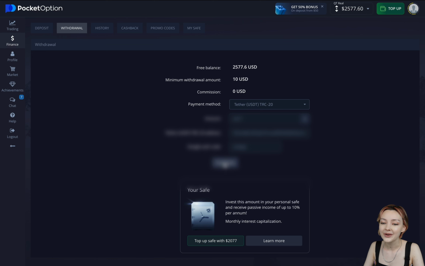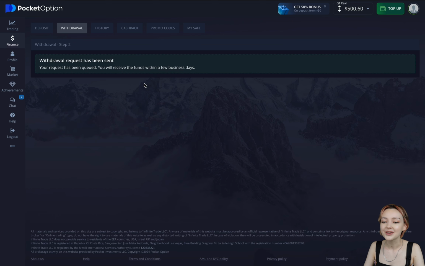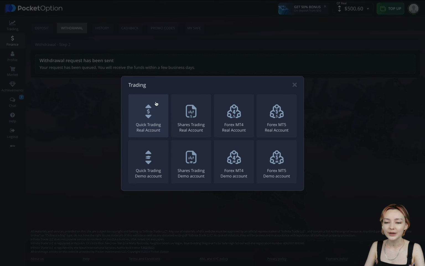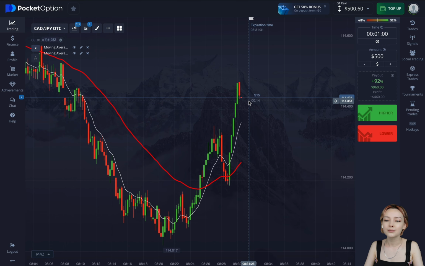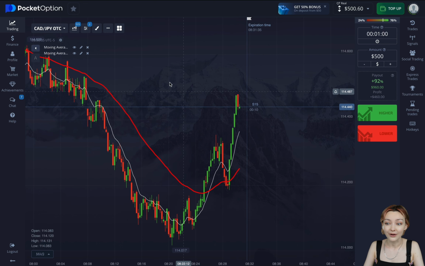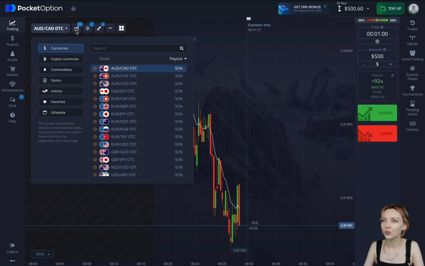Clicking continue and waiting for the money to arrive into the payment service account we provided. It usually takes around 1 or 2 hours for me. It may take longer sometimes, but the process is usually very quick. So I genuinely trust this platform. Been trading here for a while now.